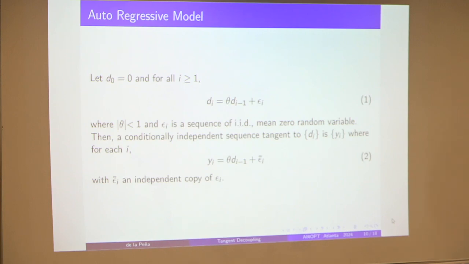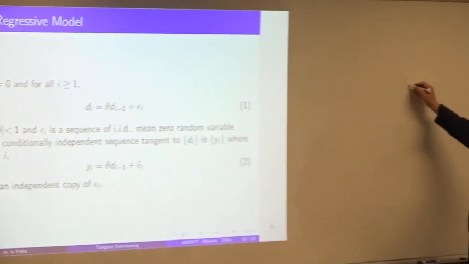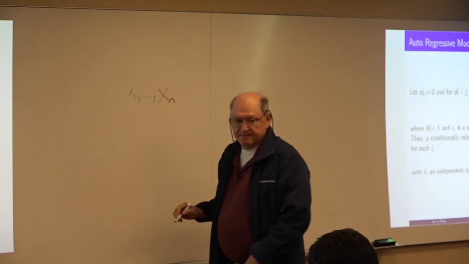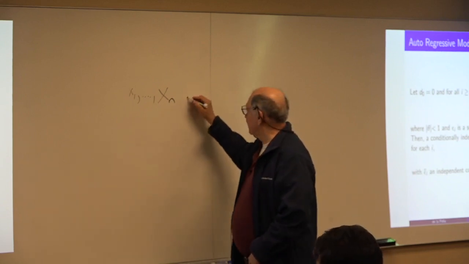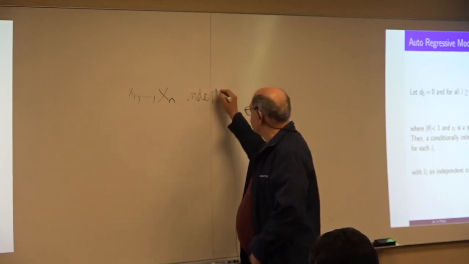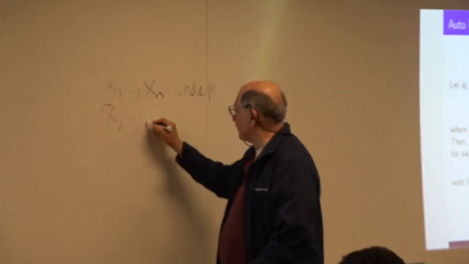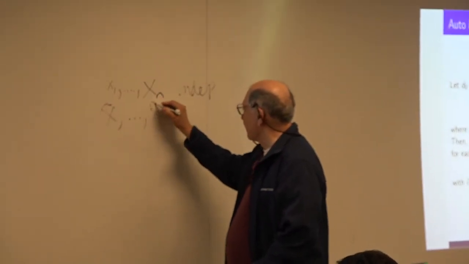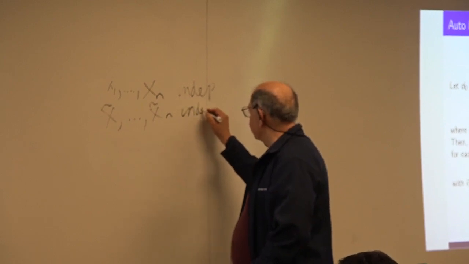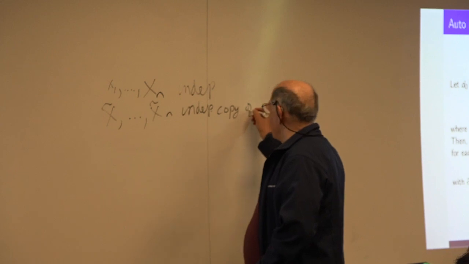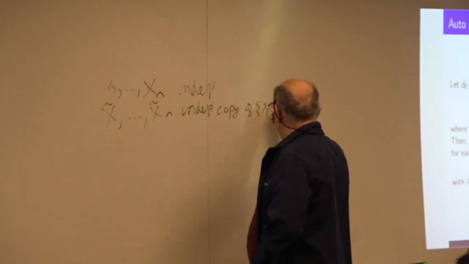So suppose that you have x1 up to xn. These are independent, and x1 tilde up to xn tilde is an independent copy of the x sub i's.